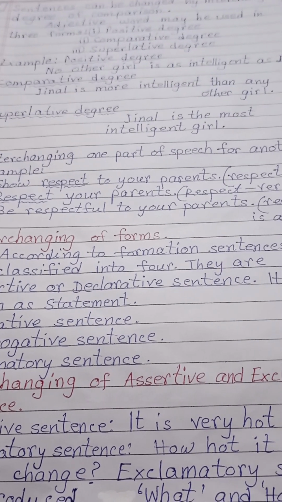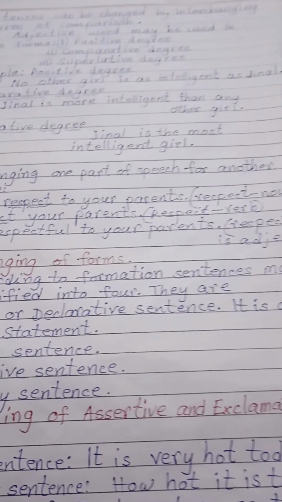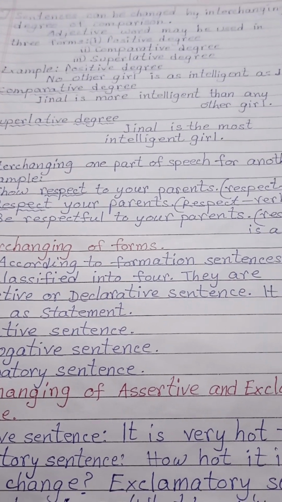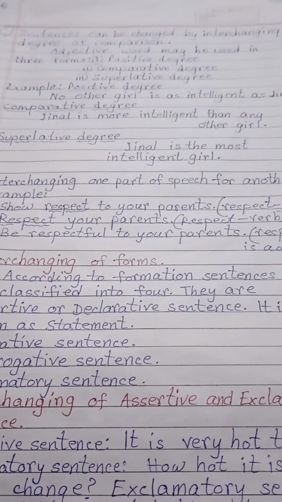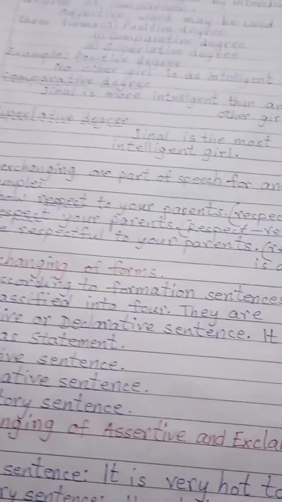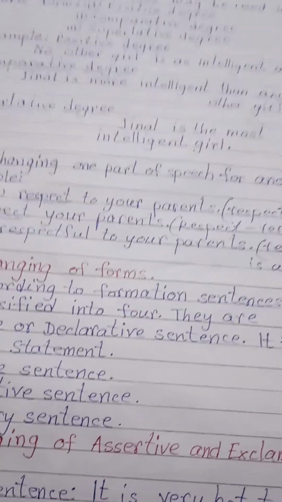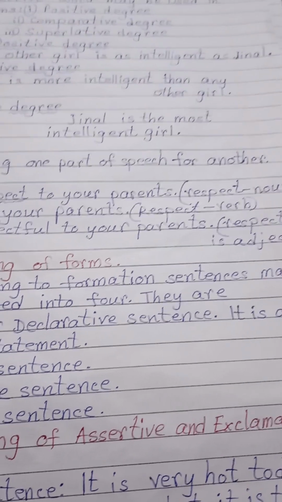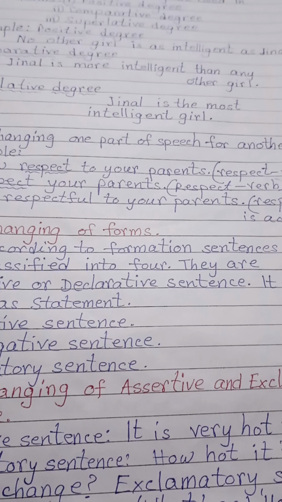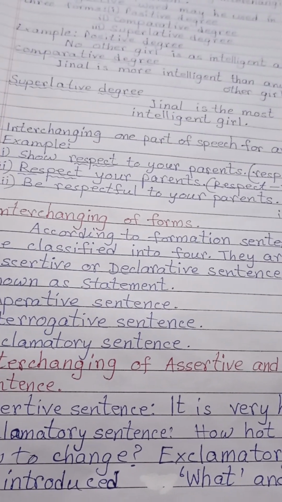So more intelligent is comparative degree. Now we have to change into superlative degree. Jinal is the most intelligent girl. So, the most intelligent is used as superlative degree.